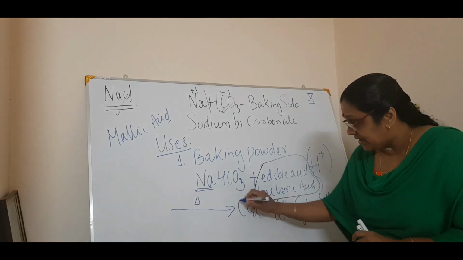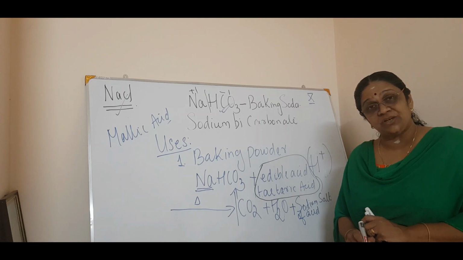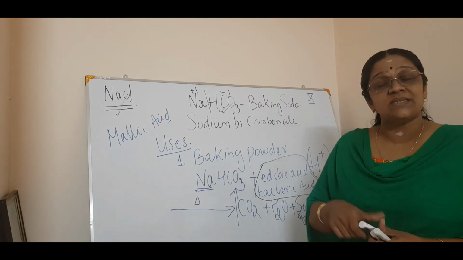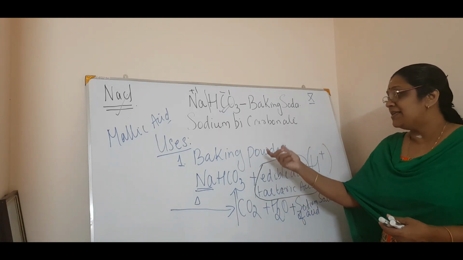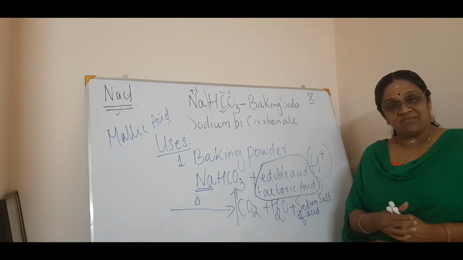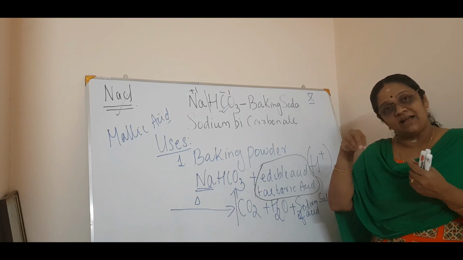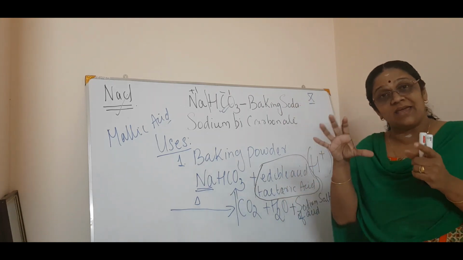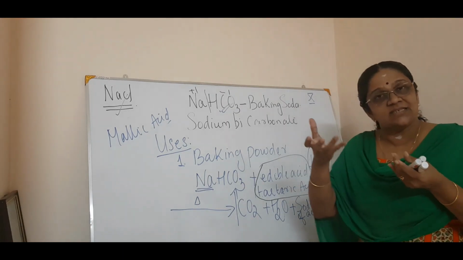Now the point is, which gas is produced in this reaction? Carbon dioxide, isn't it? Since carbon dioxide is produced in this reaction, you know that baking powder is used in the preparation of cakes and other products. If you examine a cake very carefully, there are small holes in it. How does the cake become fluffy and spongy?